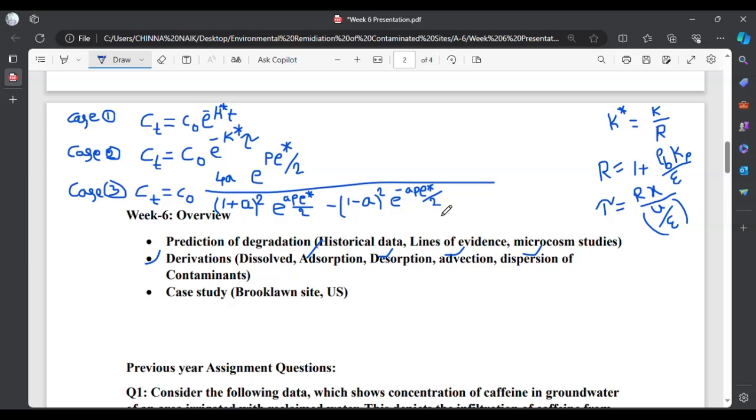So this is the formula to calculate the concentration at any particular time t in case 3, by considering the adsorption, desorption, advection and dispersion.